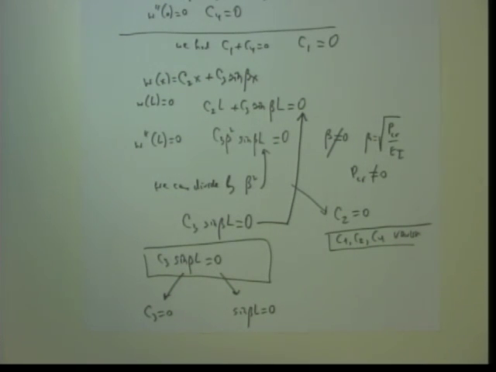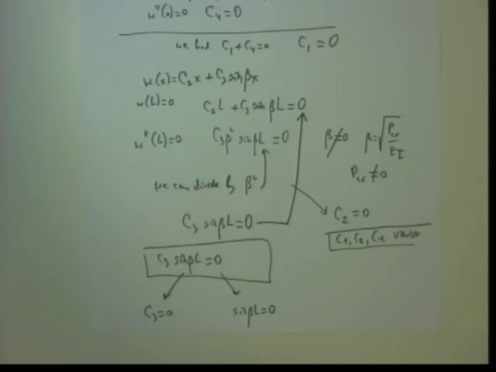Because this expression equals 0, then C2L must be 0. L is not 0, so C2 equals 0. So C1, C2, and C4 are vanishing, and we are left only with C3. And this is an equation: C3 sine beta L equals 0.